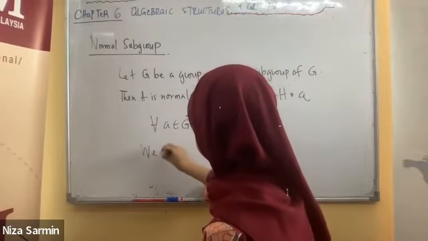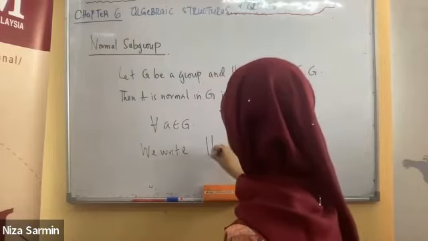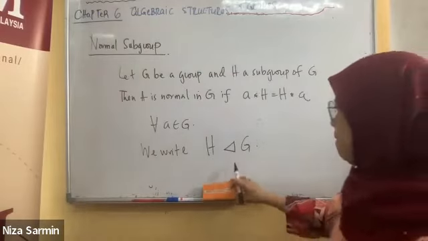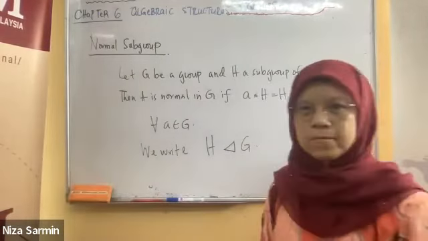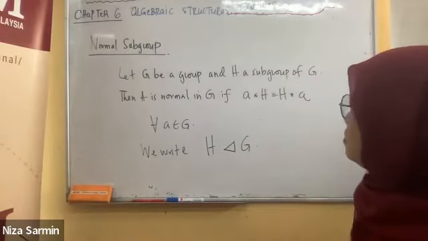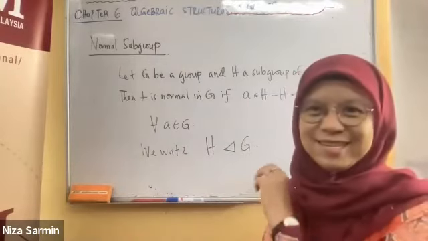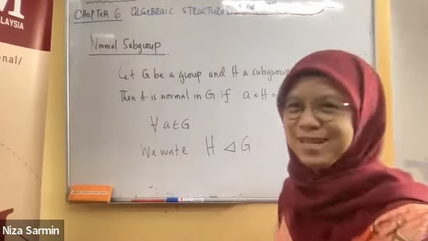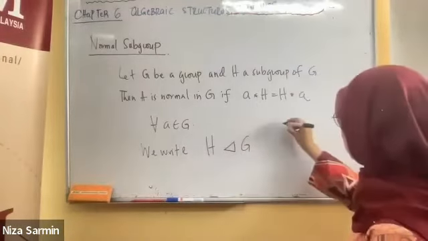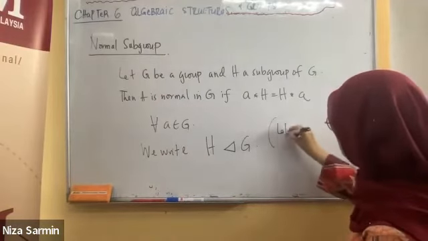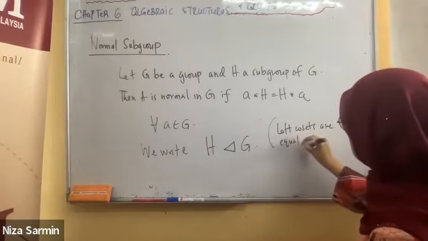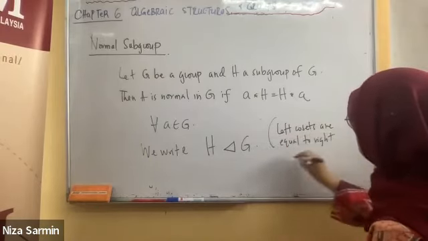We write H is normal. This is not English normal, eh? This is modern algebra normal, abstract normal. This means, you remember coset, right? This means left cosets are equal to right cosets.